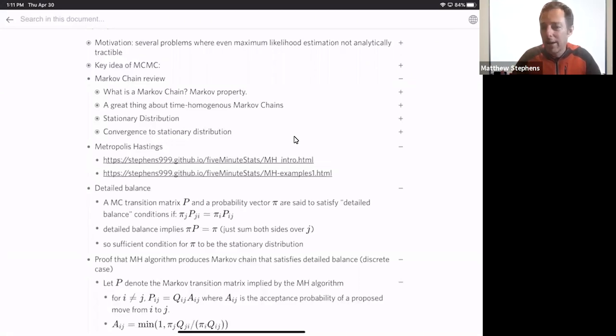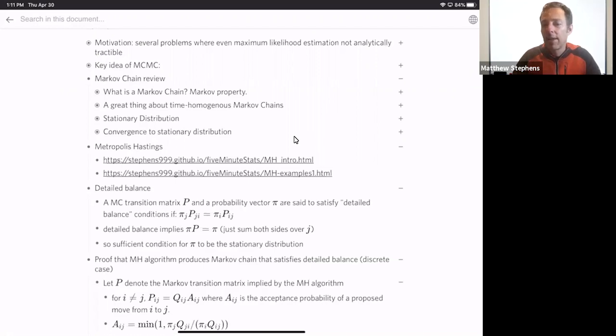You're given pi, the target distribution, what you want the stationary distribution to be, and you need to create a Markov chain that has that stationary distribution. So you need to create P, or at least create a way of simulating the Markov chain with transition matrix P. The Metropolis-Hastings algorithm is a quite remarkable and very simple algorithm that does exactly that.